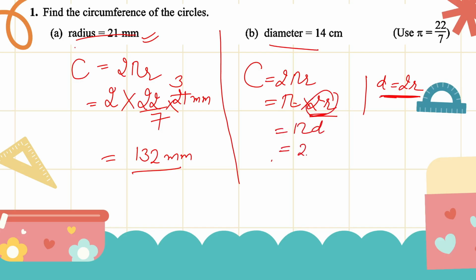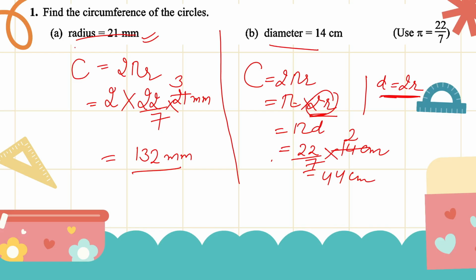So we put pi as 22/7, and d is 14, and 7 2s are 14, and 44 is your answer. If radius is given, if diameter is given, this is how we can find the circumference of the circle. The same formula with a little difference: 2 pi r, and if d is given, we will use pi d. The meaning is the same because d is 2r.